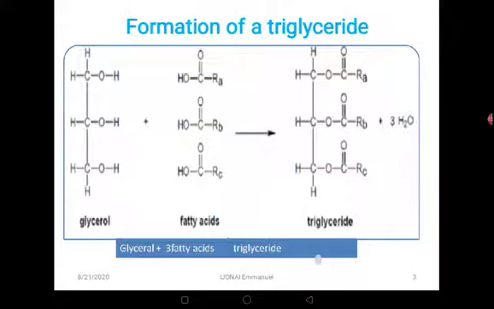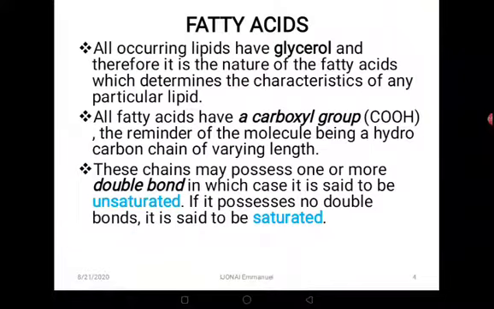That's why you can see the 3 water molecules at the product side. So you can look at that reaction critically and then try to rewrite it for yourself to see how the triglyceride is formed from a reaction between glycerol and fatty acids.